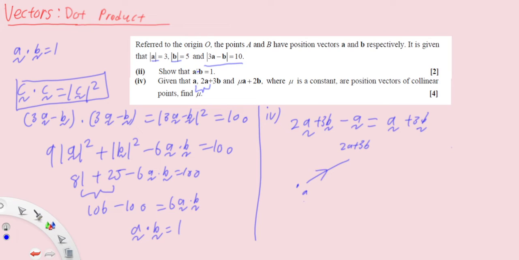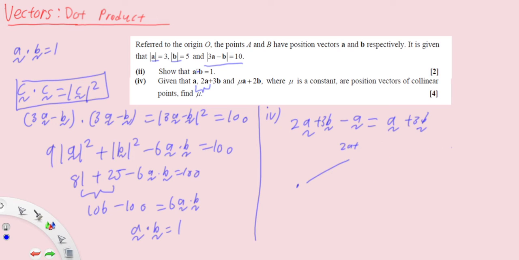Then obviously this vector here would be parallel, and in fact lie on the same line as the point mu a plus 2b, which must lie on the same line or be parallel to from here to here. So what we can do is very simple.